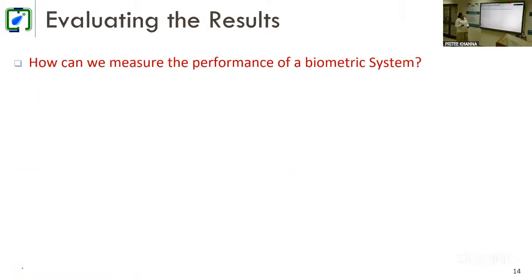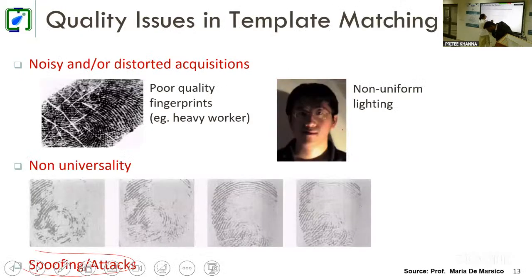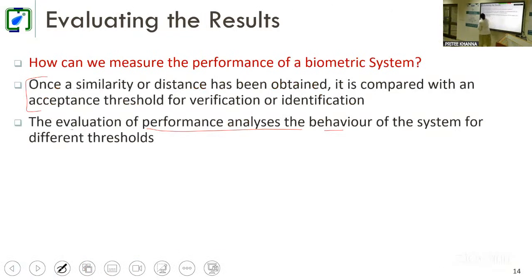Now the question comes: how are we going to evaluate that? How can we measure the performance of the biometric system? When we calculate the distance between the stored template and the runtime template, we get a matching score. But for performance analysis, we need to analyze the behavior of the system for different thresholds.